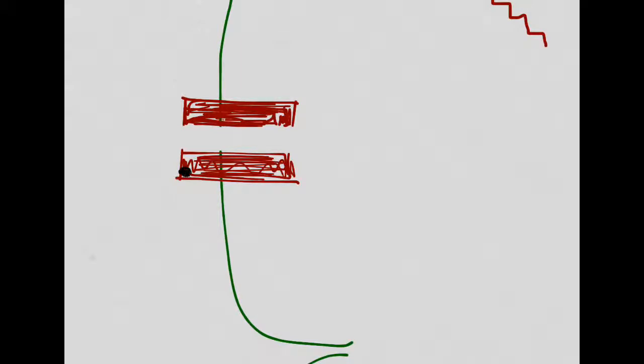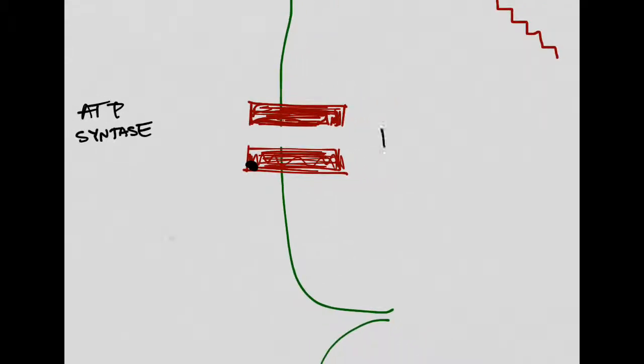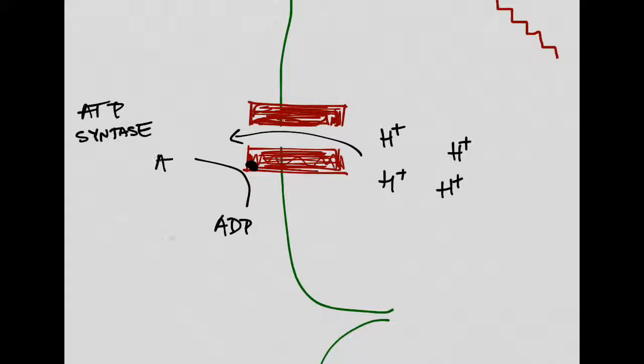So on this enzyme is an active site, and this enzyme is called ATP synthase. And it's powered by a concentration gradient of H+ molecules within the thylakoid membrane that flow down their concentration gradient to phosphorylate ADP into ATP.